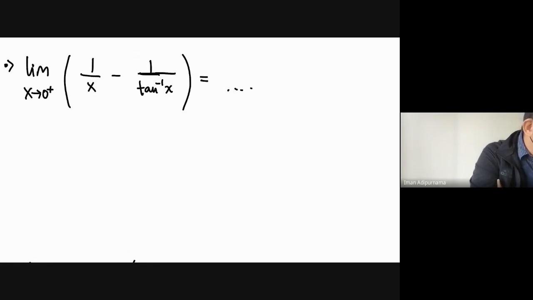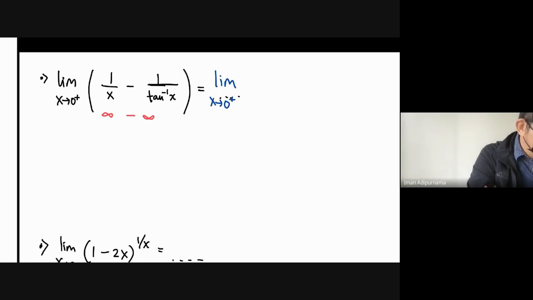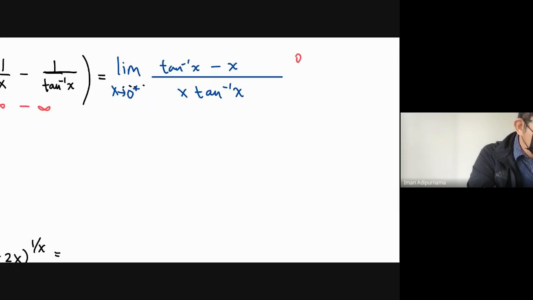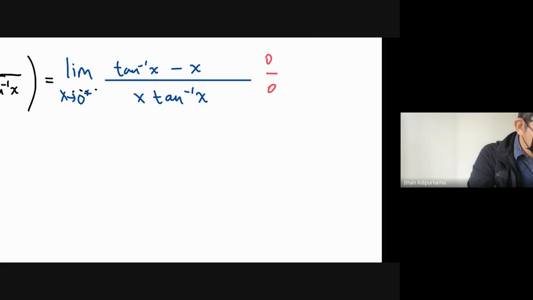Okay. I think I can show you a little bit on how we can solve the first one. If you look here, this will be infinite minus infinite situations. So we can maybe try to rewrite the form. And then by doing this, we know that this will be 0 over 0. So we can do some L'Hopital rule.